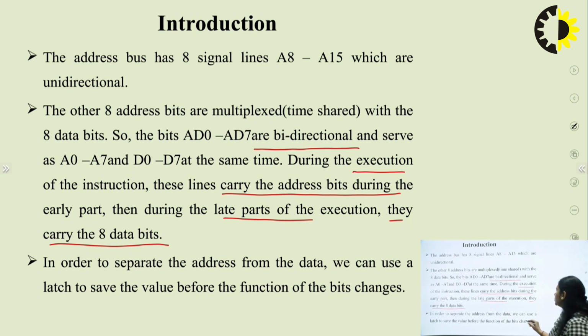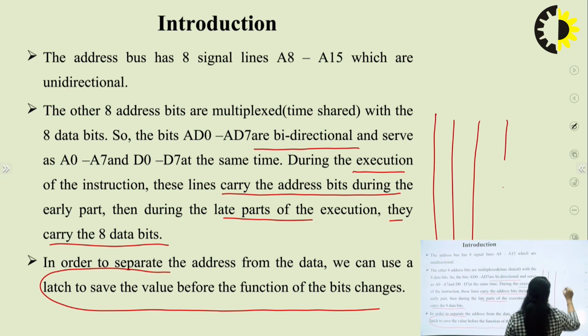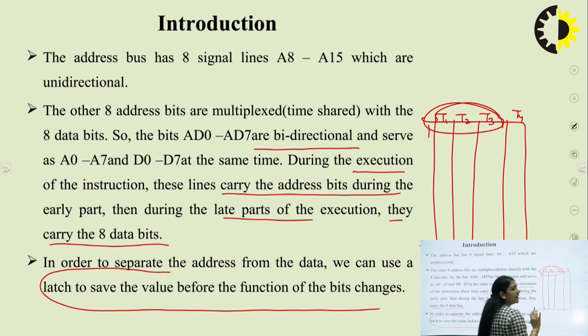So a latch is used to save the address, because there are some T states in the timing diagram of the microprocessor. For the first 3 T states, T1, T2, T3, and then T4, the address bus is used for almost 3 T states, and for the last T state, the data bus is there.